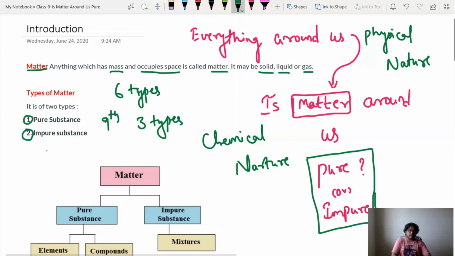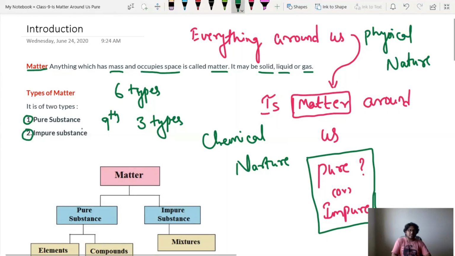By this what can we conclude? We can conclude whatever is there around us is matter, but all matter is not pure. There are pure substances, at the same time we have impure substances.